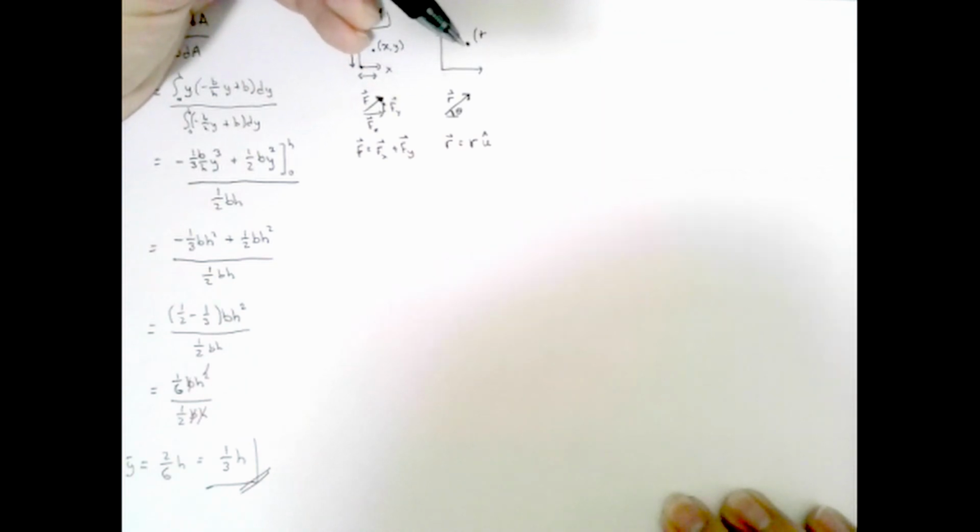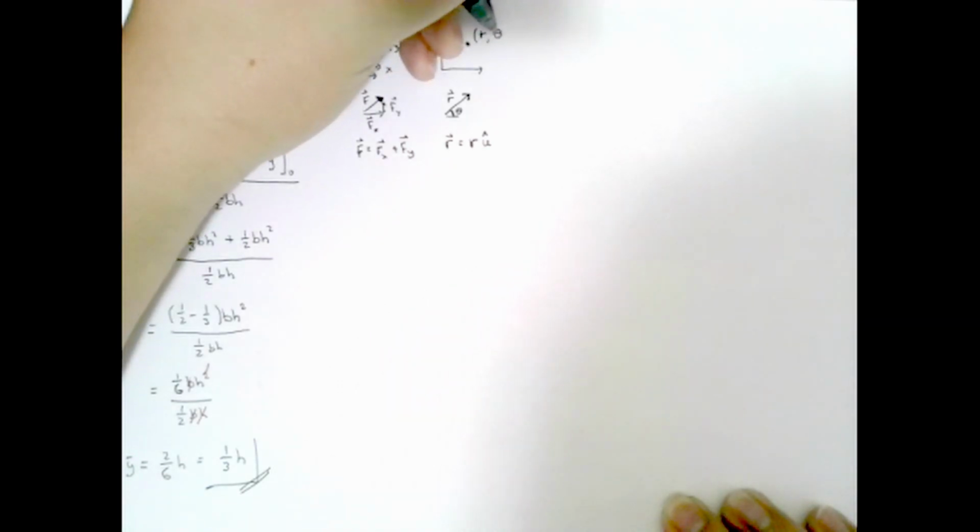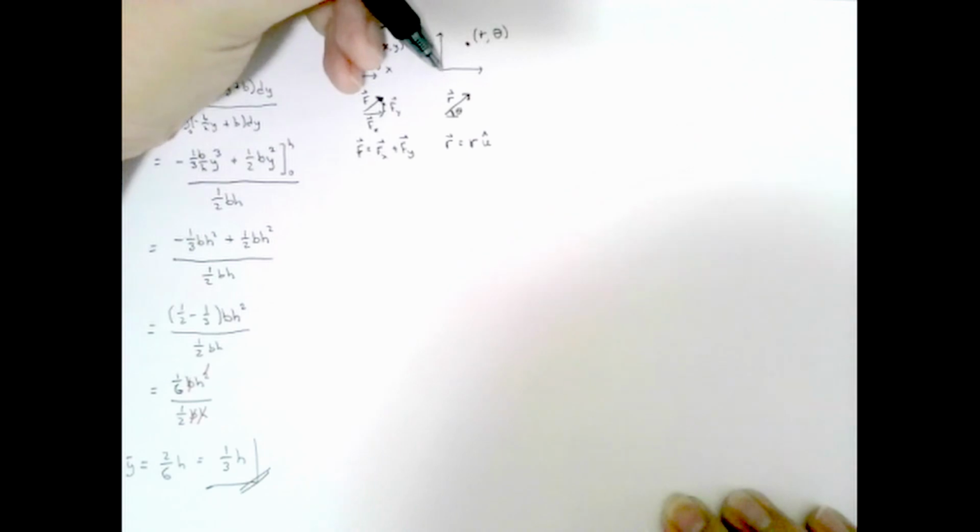So what I can do is, instead of expressing this point as a combination of a horizontal and vertical displacements, which I call x and y, I can express this point as a combination of the magnitude, right? The distance between the origin and that point, that's just the shortest distance, and the angle that the line from the origin to the point forms from the horizontal.